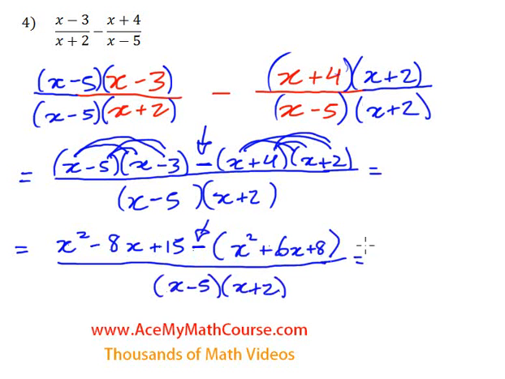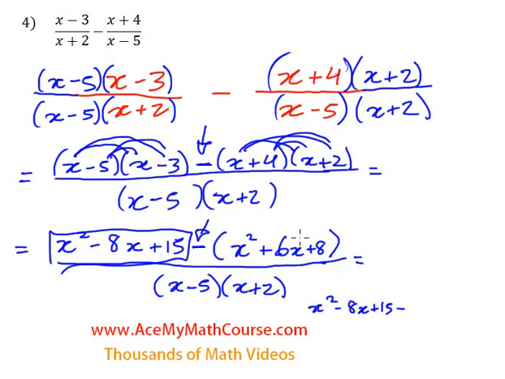So I will just copy this part, the first trinomial, over, so I get x squared minus 8x plus 15. And of course I'm running out of room. I'm just going to write this down below so I have more room. So x squared minus 8x plus 15.